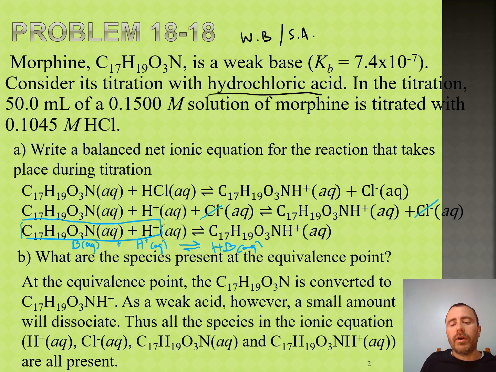But we are producing some of its conjugate acid here. And that conjugate acid is going to be the only thing that's present for a millisecond or so, and then it's going to ionize itself and make some morphine and some H+. So realistically, all species are going to be present once we are at the equivalence point.